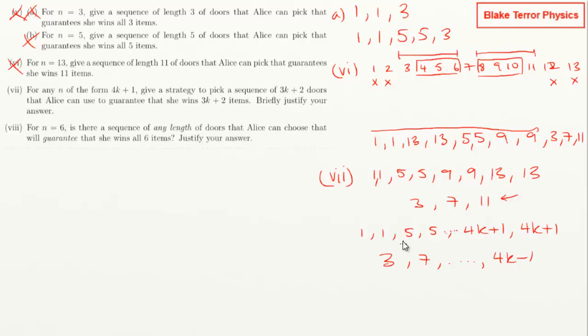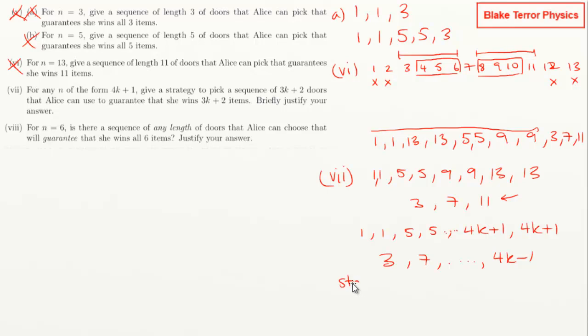So it's like we've got these two sequences matched together, like appended to each other. That's the word I'm looking for, appended. So we count up in 4s up to 4k plus 1, starting at 1, and then we count up in 4s to 4k minus 1, starting at 3.